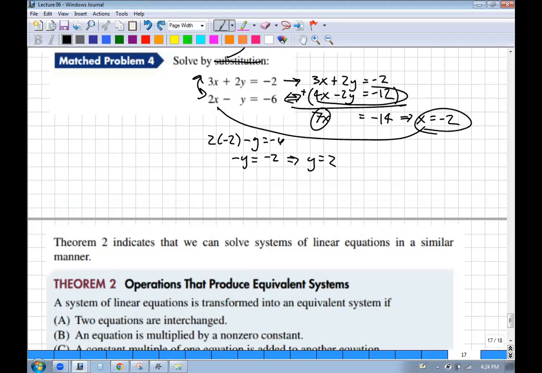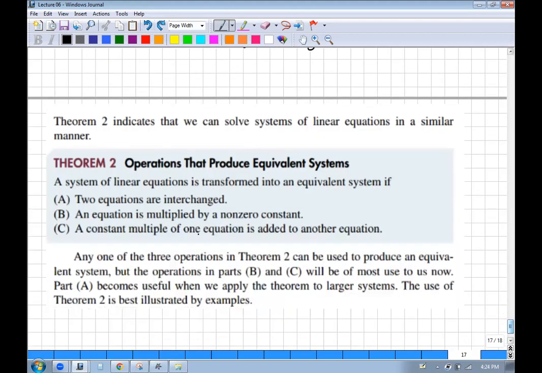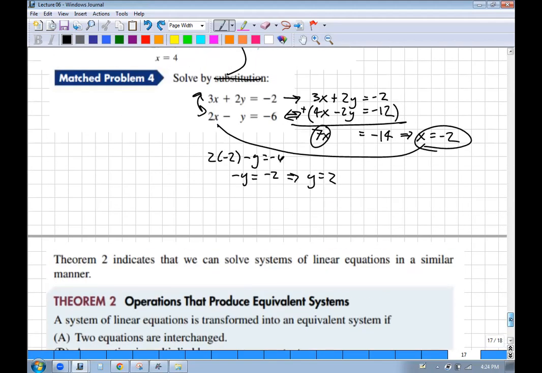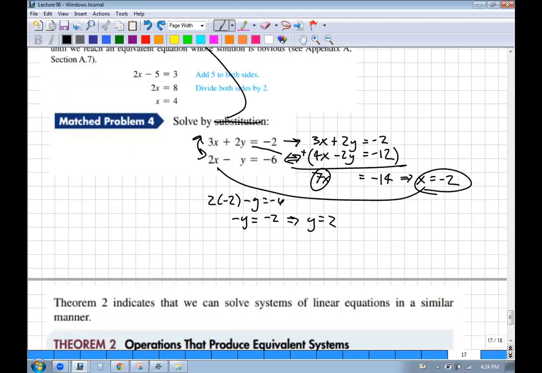So I got that. So this system is the same as this system. All I did was multiply everything in the second equation by 2. A constant multiple of one equation is added to another equation. Okay, well, we took a constant multiple of this, namely 2, to get that, and then we added these to get that.